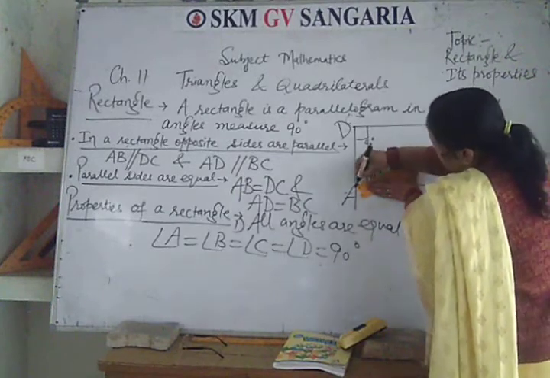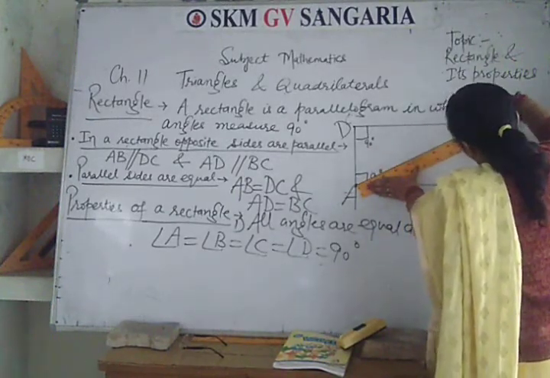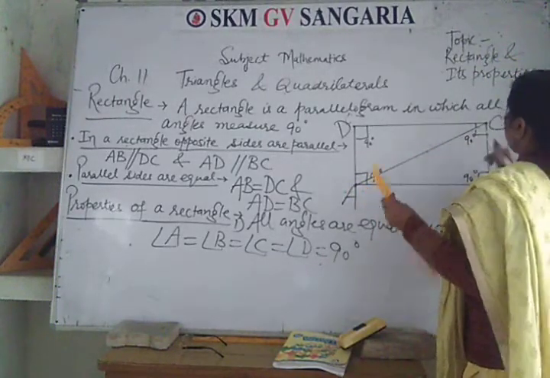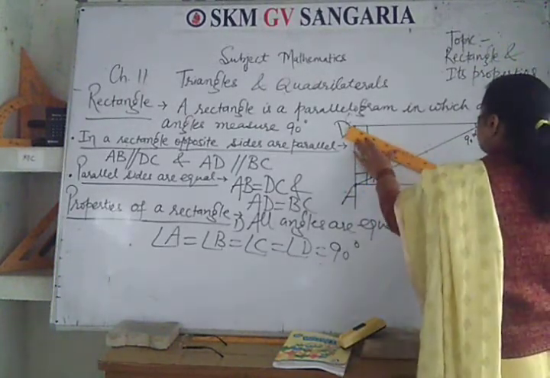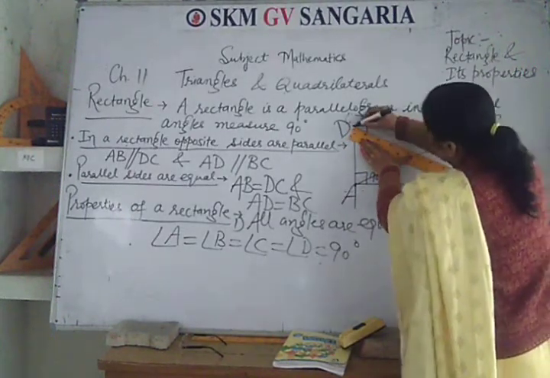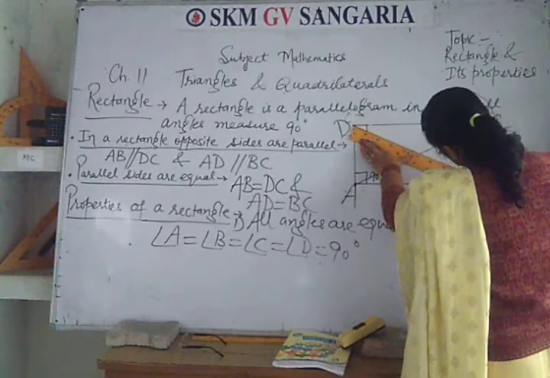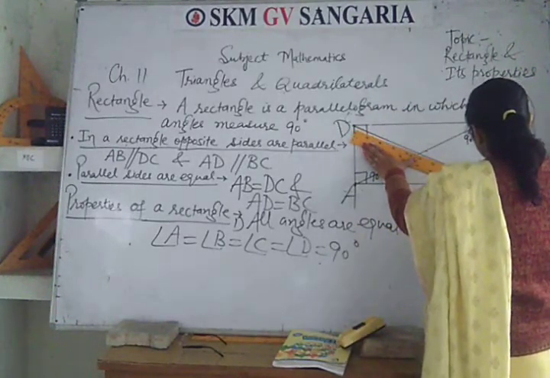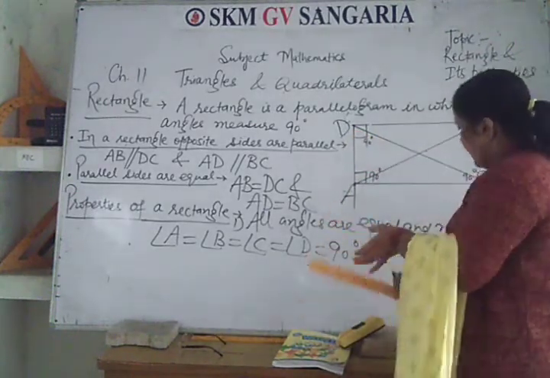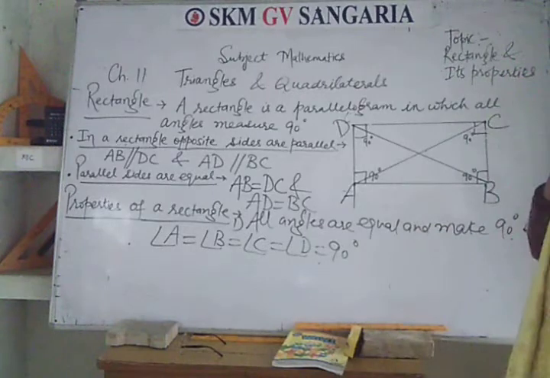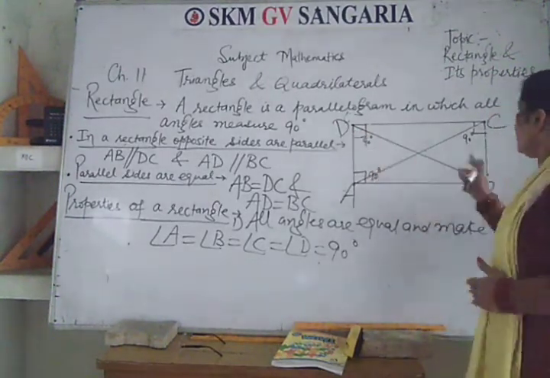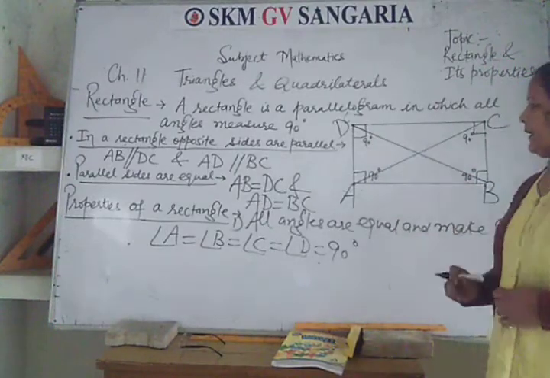Now I am joining vertices D and B. I have joined vertices A and C and got diagonal AC, and joined vertices B and D and got diagonal BD.